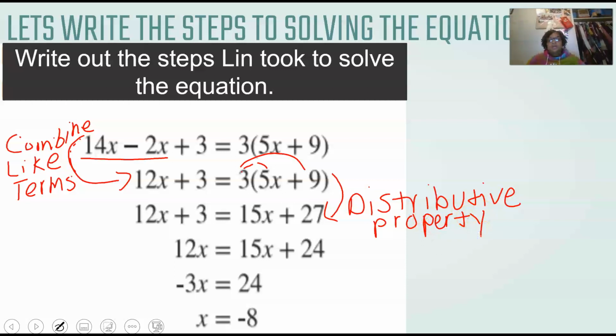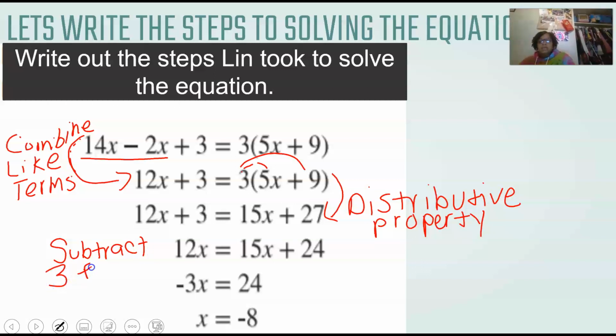So she did a distributive property, and then she subtracted. She subtracted 3 from 27.